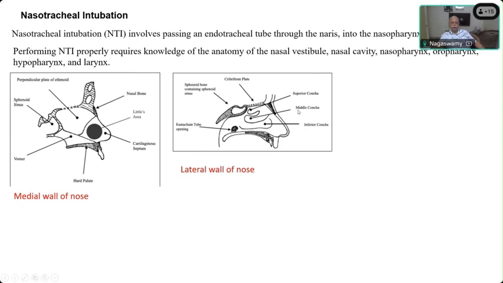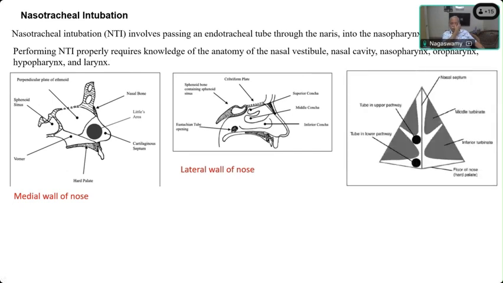These are all the structures in the lateral wall of the nose. And this third picture I am showing, just read all the markings given there. This is a coronal section of the nose.